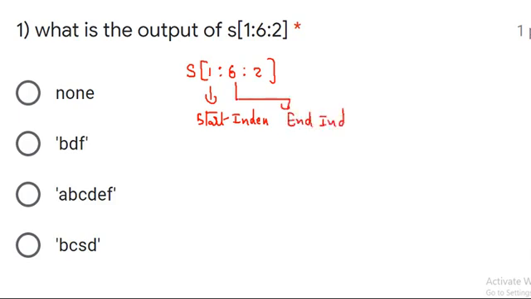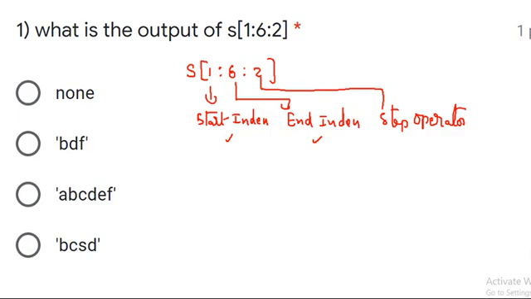The 2 is the step operator. Our string slicing depends on the start index, the end index, and the step operator. The step operator plays a key role in slicing the string.